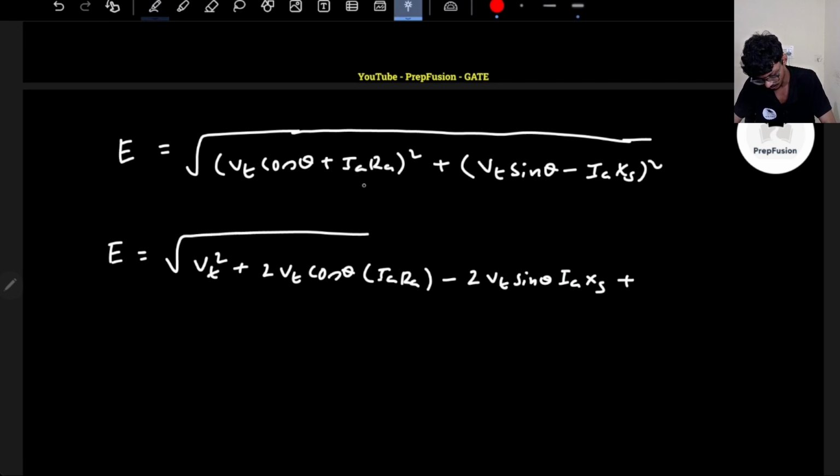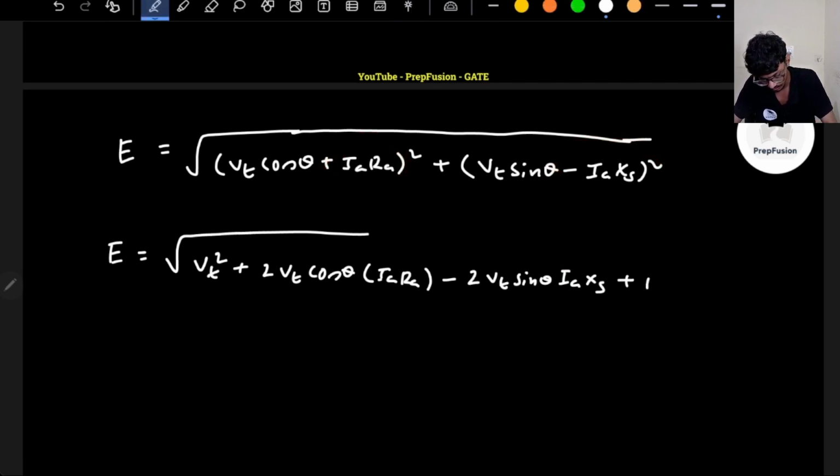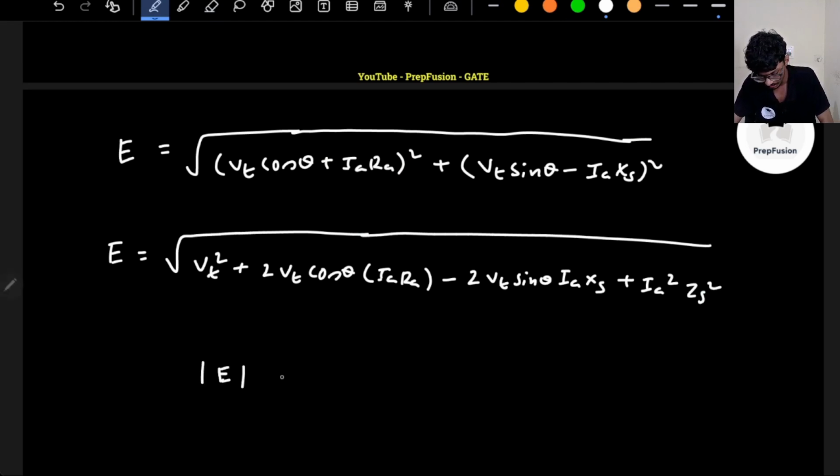Again this will be plus, because this will be Ia square Ra square, this will be Ia square Xs square, which will be plus Ia square Zs whole square.